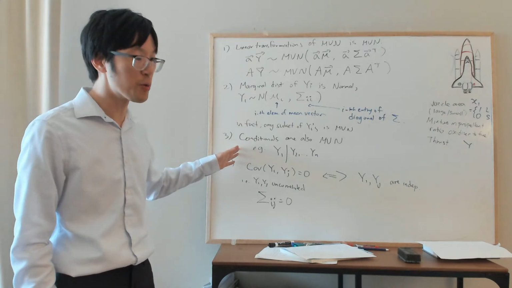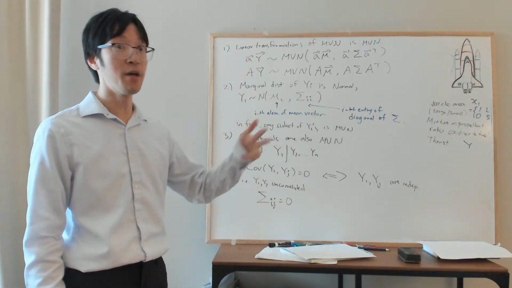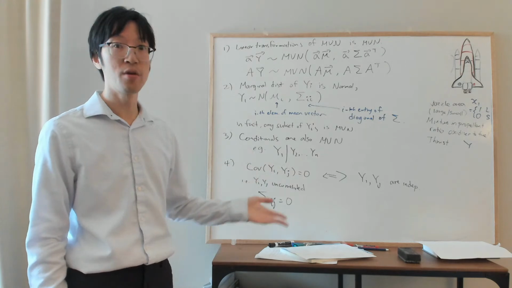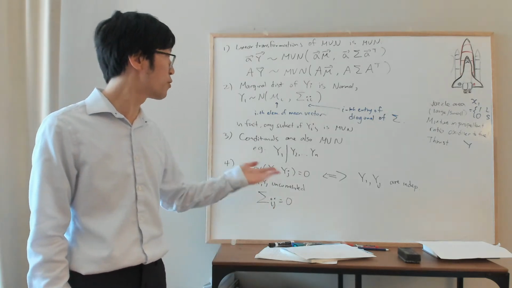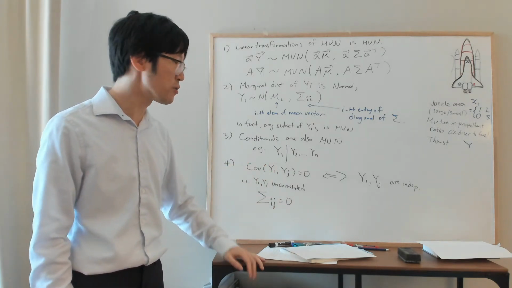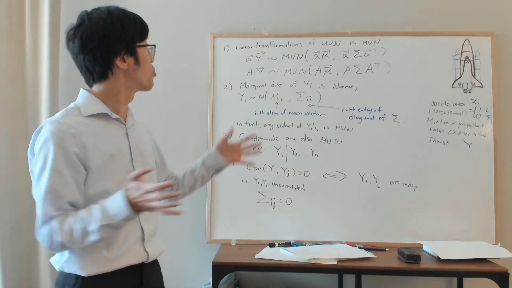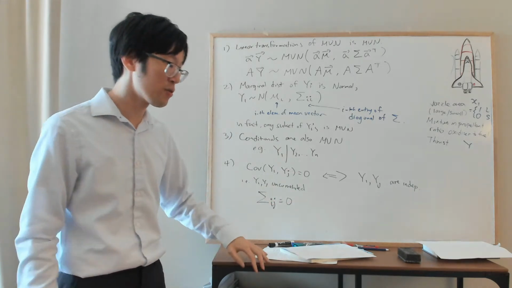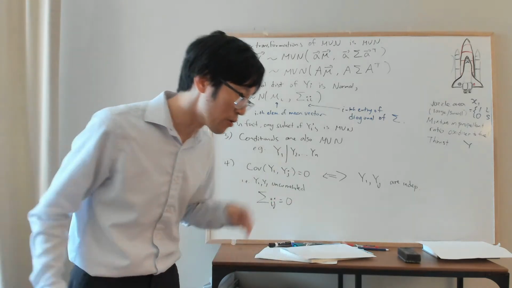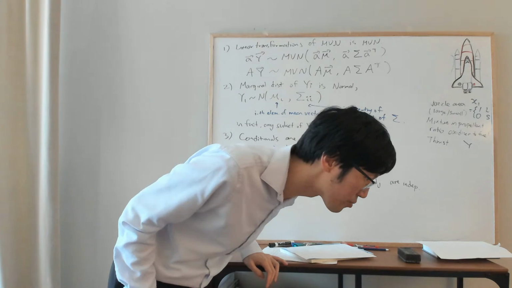And there are expressions we can derive for the particular mean vector and covariance matrix for that case. So this is what we mean by conditionals: you take part of the random vector and condition on another part of the random vector.